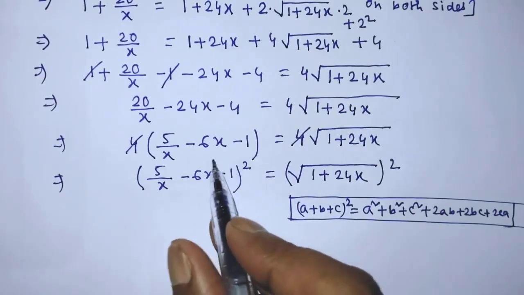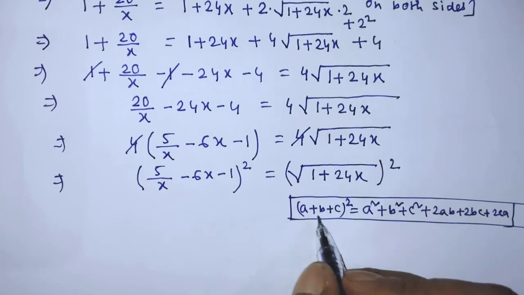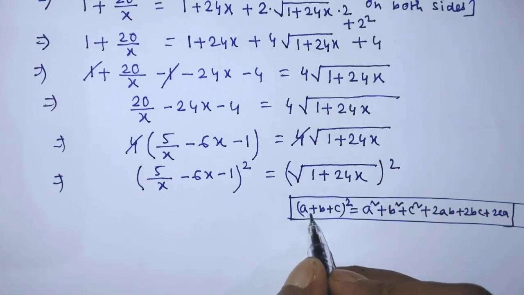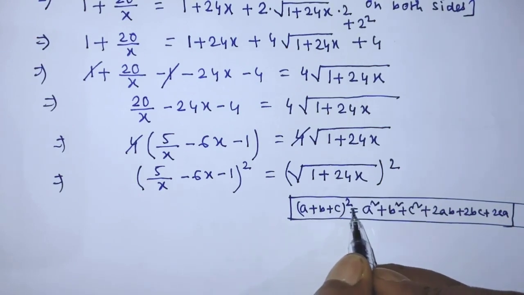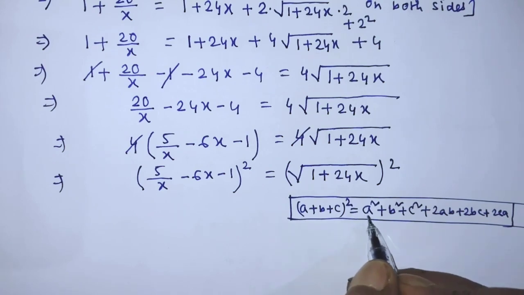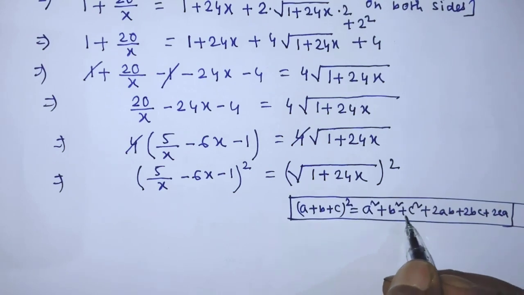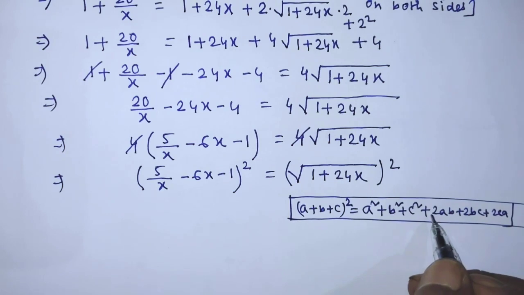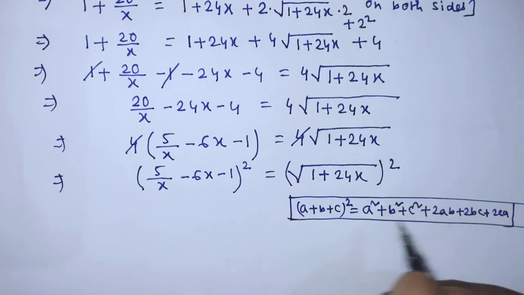To simplify the left hand side of this equation we have to apply the formula (a + b + c) whole squared is equal to a squared + b squared + c squared + 2ab + 2bc + 2ca.